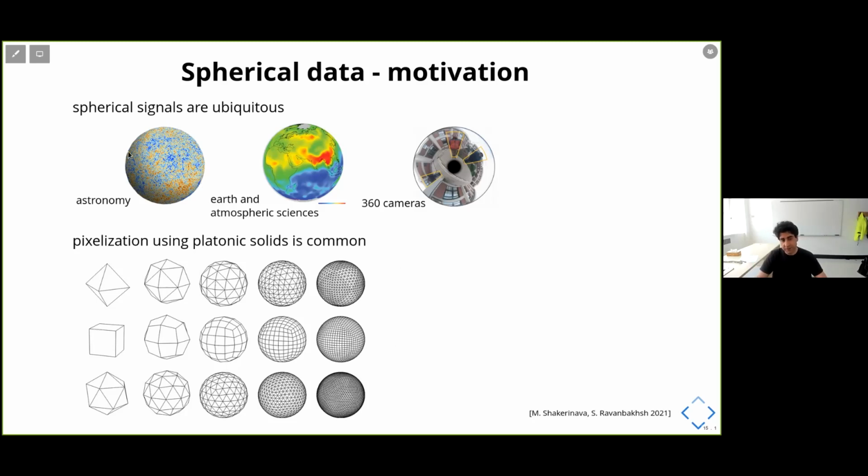If we were working with a sphere, we would know what symmetry we could work with. We could work with SO3, but now here, because of this pixelization, there is no subgroup of SO3 that transitively acts on these pixelizations. So that's a big problem in dealing with pixelizations of the sphere.